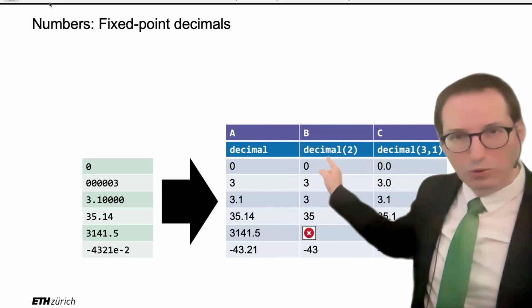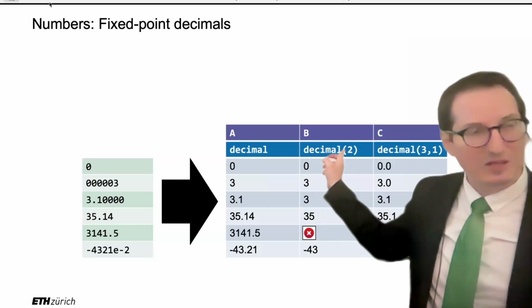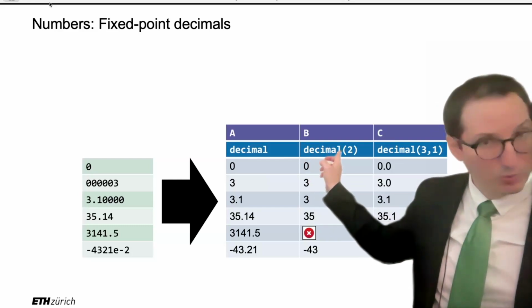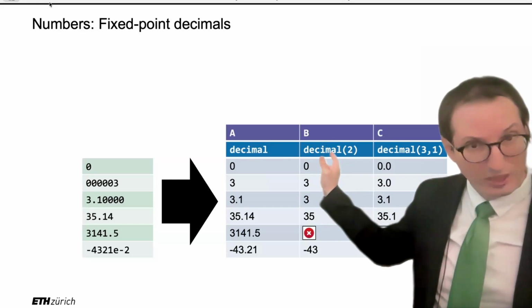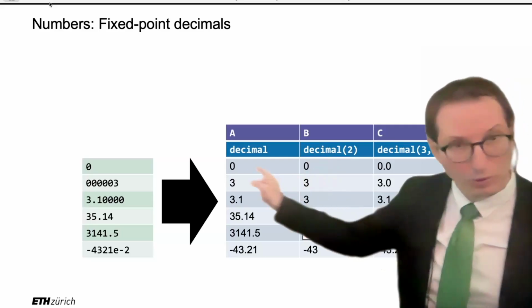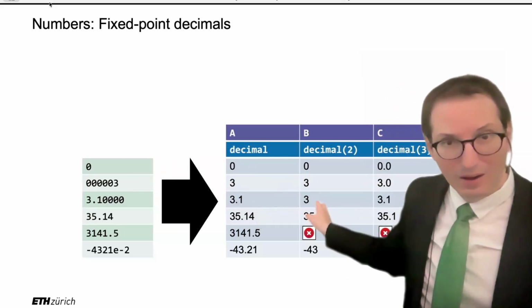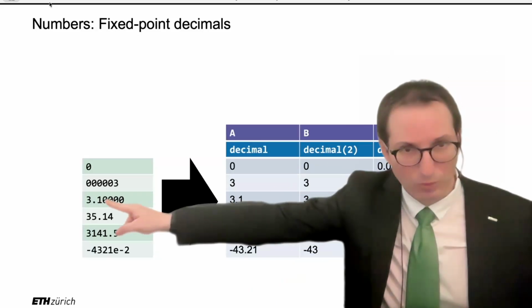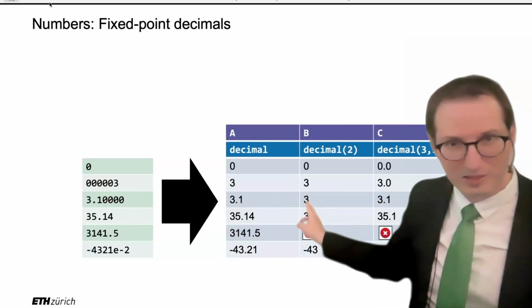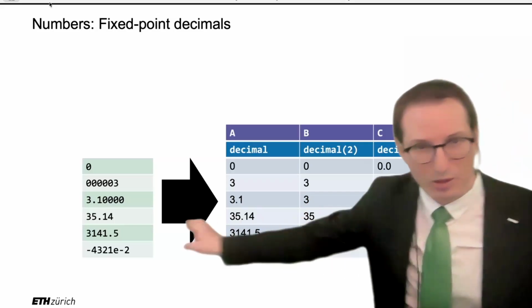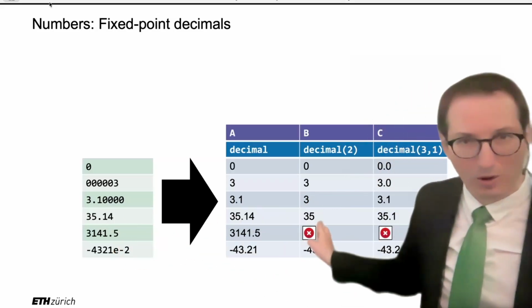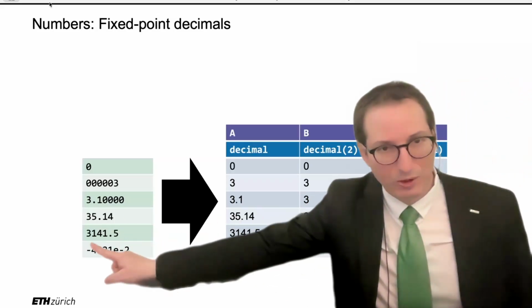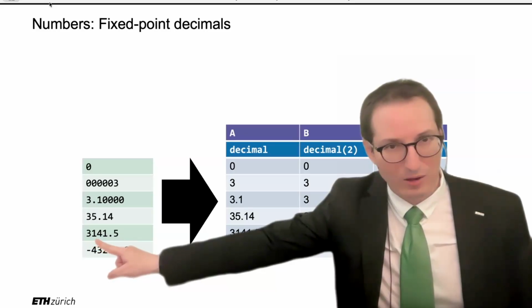Now, decimal 2, remember, we only specify the precision, so it means the scale is 0. So these are integers with 2 digits. So then what we do, so here it's okay, 0, 3, 3.1, that gets rounded to 3. You lose what is after the comma, because again, the scale is 0 here. Here it's 35, we lose the 1,4. Here we can't, because that would be 3,141.